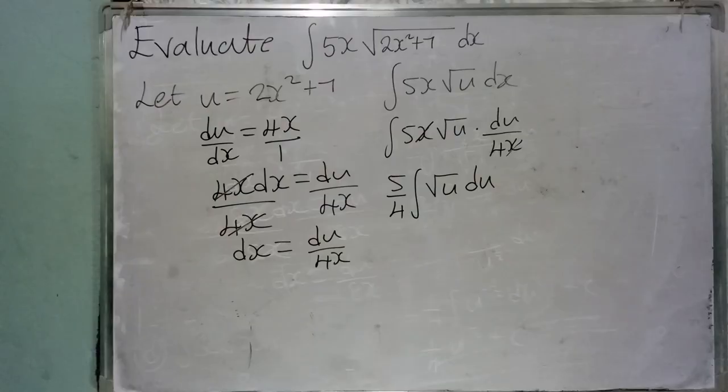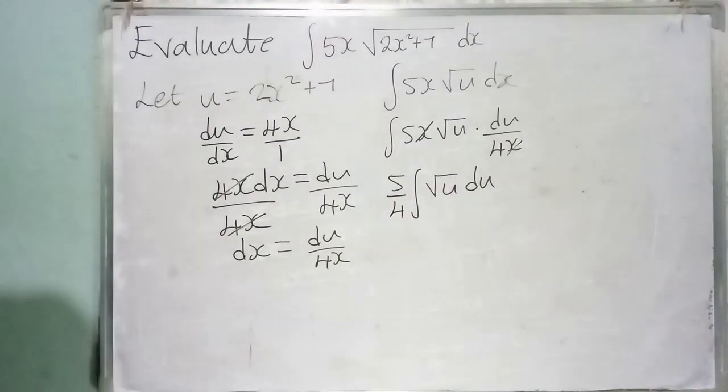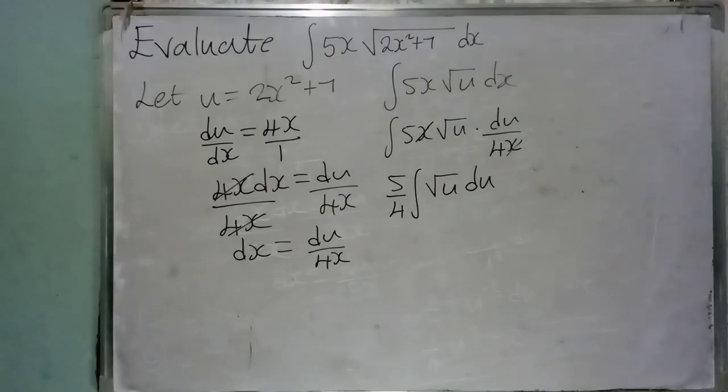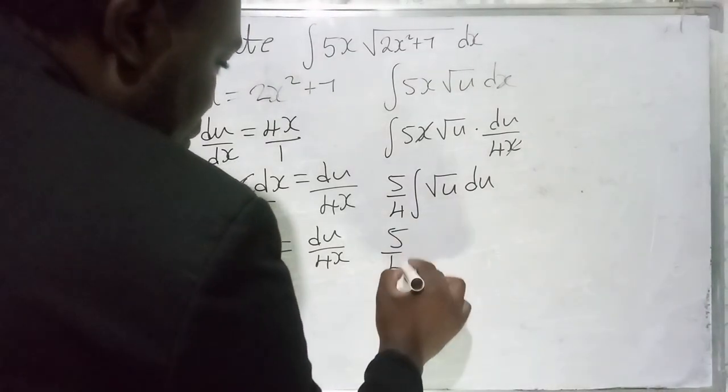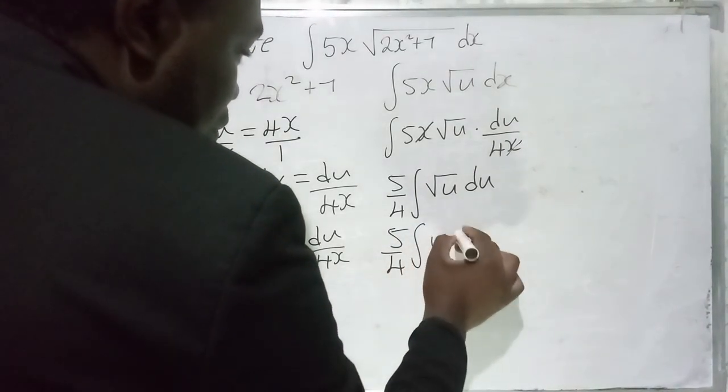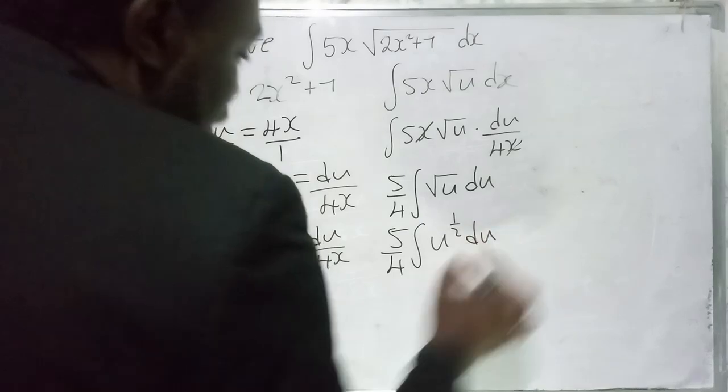At this step we can't integrate what we have, so we change the root to a fractional power of u. It becomes 5 over 4, the integral of u to the power 1 over 2 du.